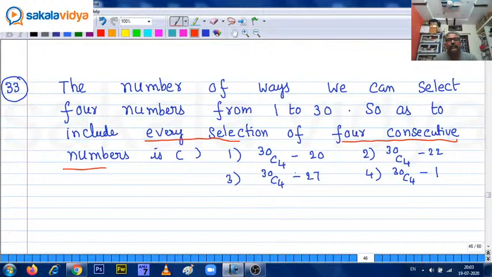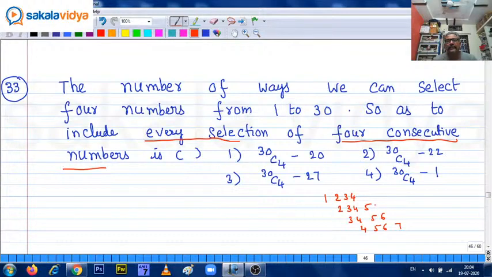But four consecutive means the numbers may be like this. See, 1, 2, 3, 4. Next 2, 3, 4, 5. 3, 4, 5, 6. 4, 5, 6, 7. Like that we need to write it. Next 5, 6, 7, 8. But we cannot count them all here. For that we have the logic, I will tell you.